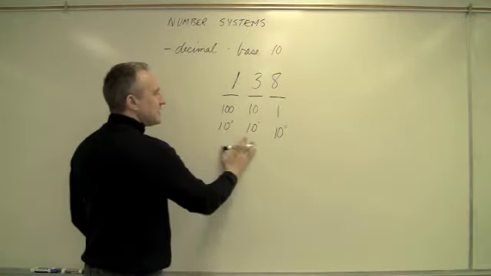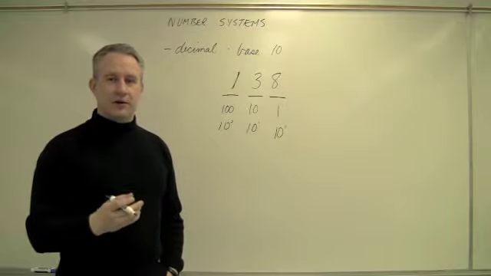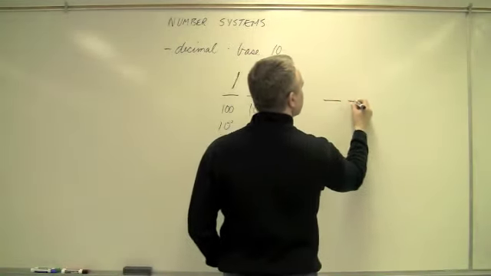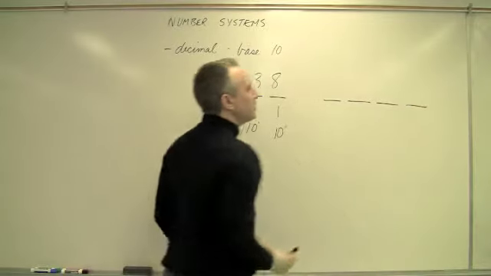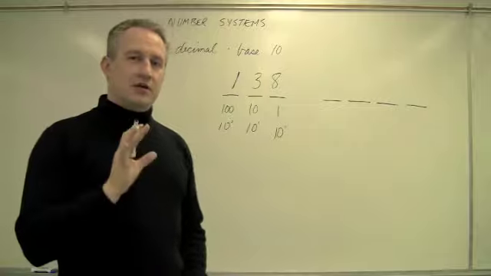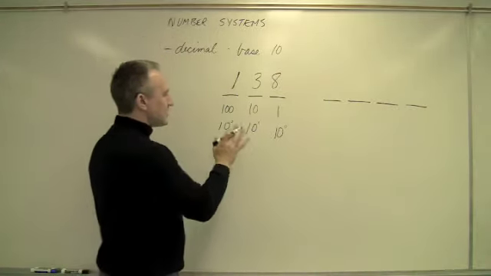So if that's base 10, we can do the exact same thing for binary. We'll say a 4-bit binary number. Each of those positions has a particular weight, and it works exactly like this.